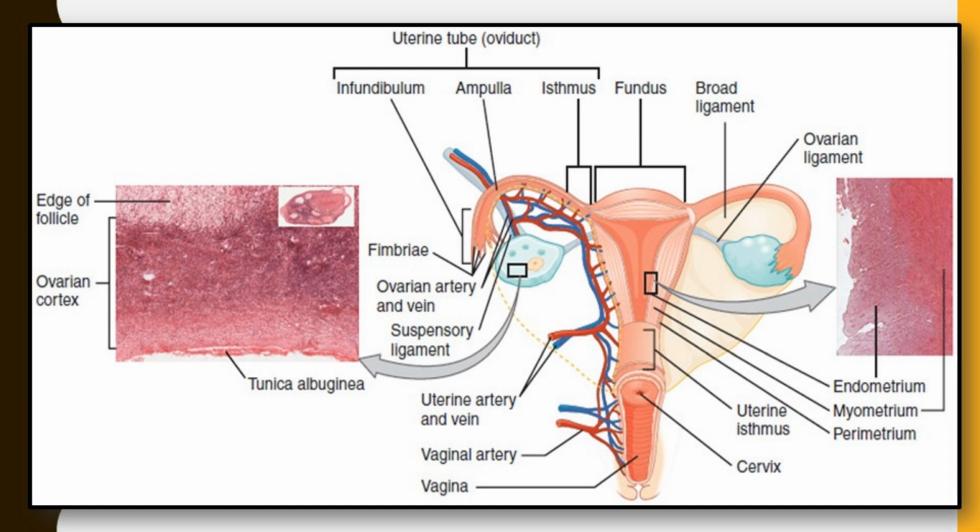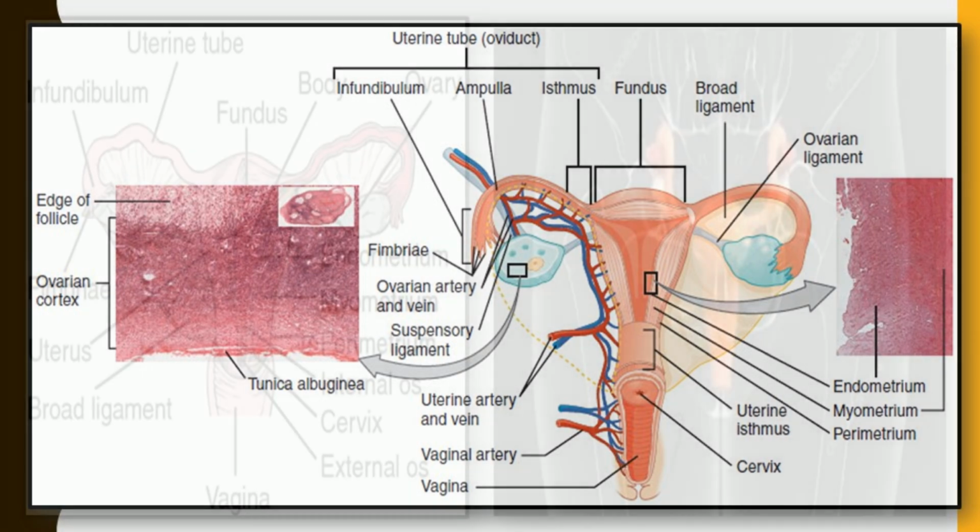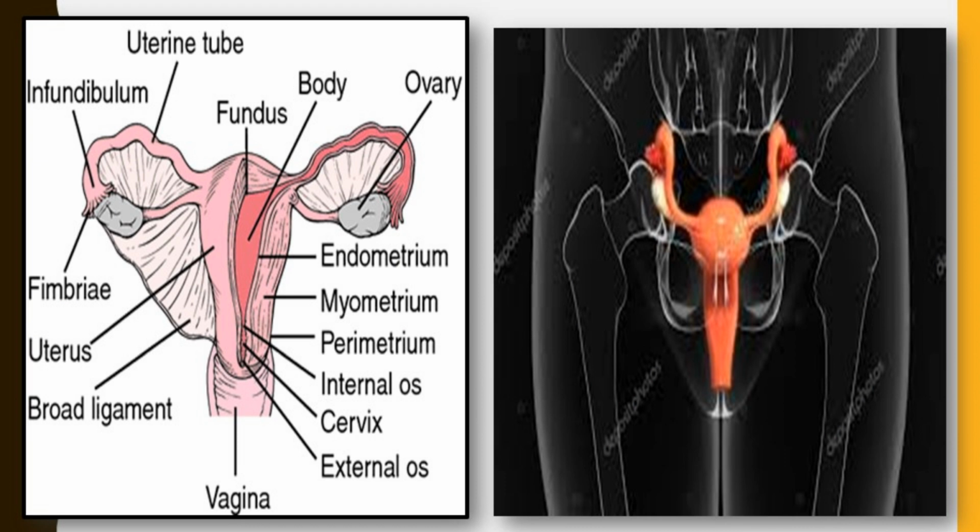The wall of the uterus has 3 layers of tissue: the external thin membranous perimetrium, the middle thick layer of smooth muscle myometrium, and the inner glandular layer called endometrium that lines the uterine cavity. The endometrium undergoes cyclical changes during the menstrual cycle, while the myometrium exhibits strong contraction during delivery of the baby.